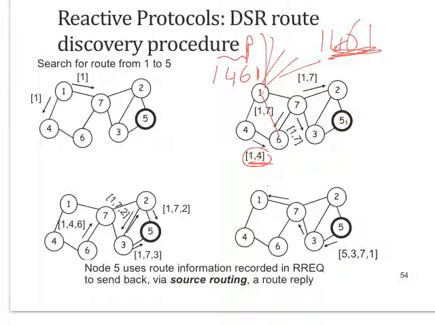But this will be enough of a guarantee that you will hit 5 no matter what. In which case, once you hit 5, you send a reply back. The reply back will stop all the forwarding, will stop the flooding. You see what I mean? So the loops will stop, all the flooded packets will stop.